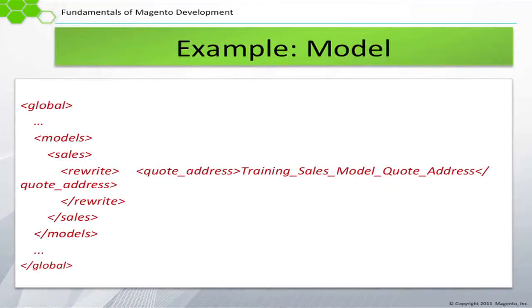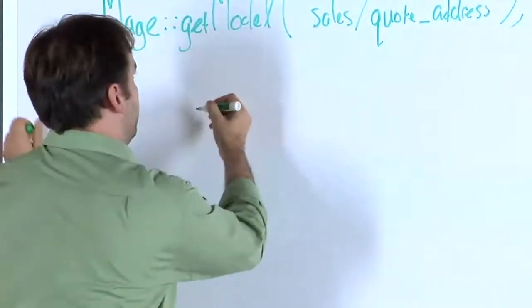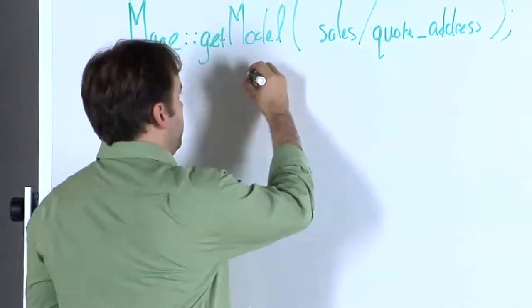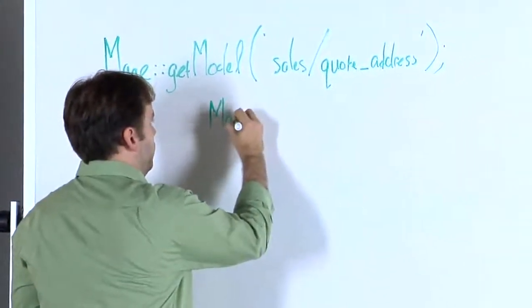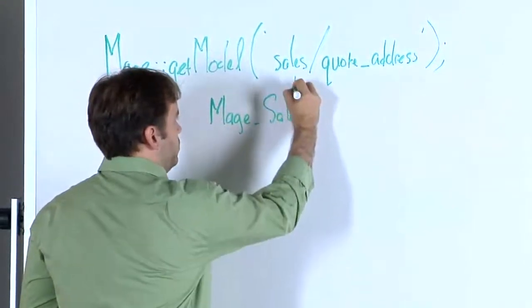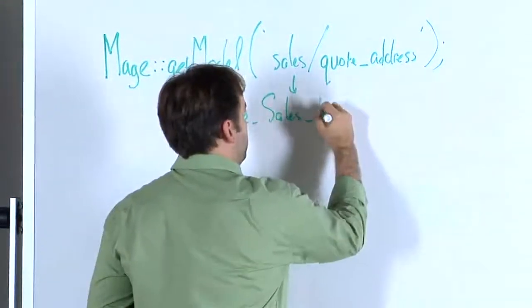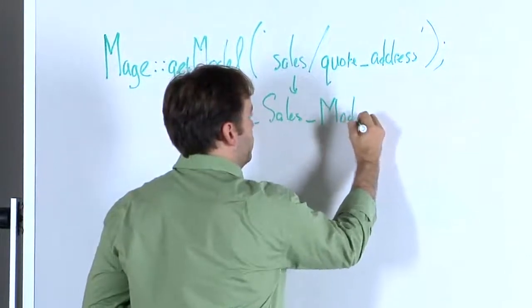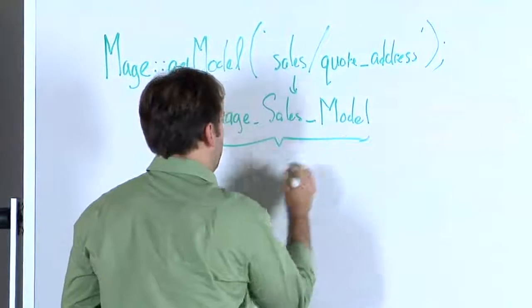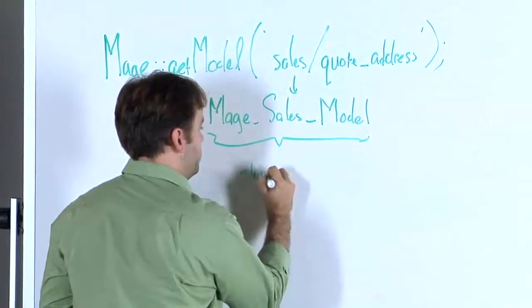We're going to take that class prefix, and we're going to add quote address to it, which would give us this class of, let's see, Mage Sales Model. Again, this is the class prefix.